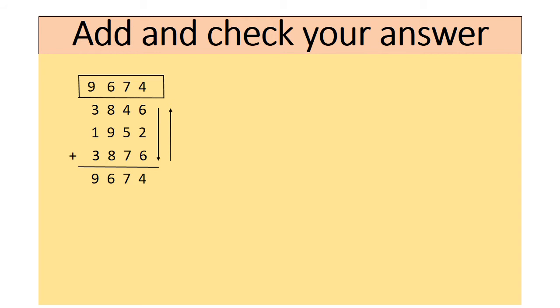Now, after discussing the parts of addition and subtraction, we are going to see how we can add the addends and get the sum, and afterwards how you will be able to check whether your addition is right or wrong. So here we have three addends.